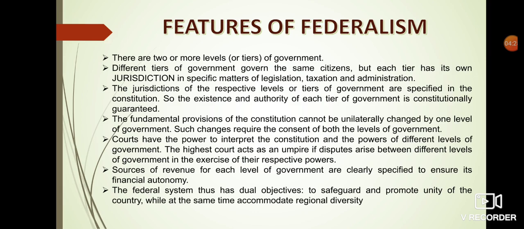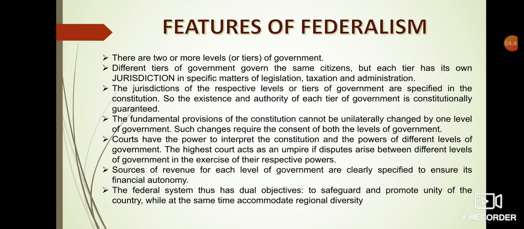The jurisdiction of the respective levels or tiers of government is specified in the Constitution. In the Constitution, the various powers of the different levels of government are clearly present. So the existence and authority of each tier of government is constitutionally guaranteed.